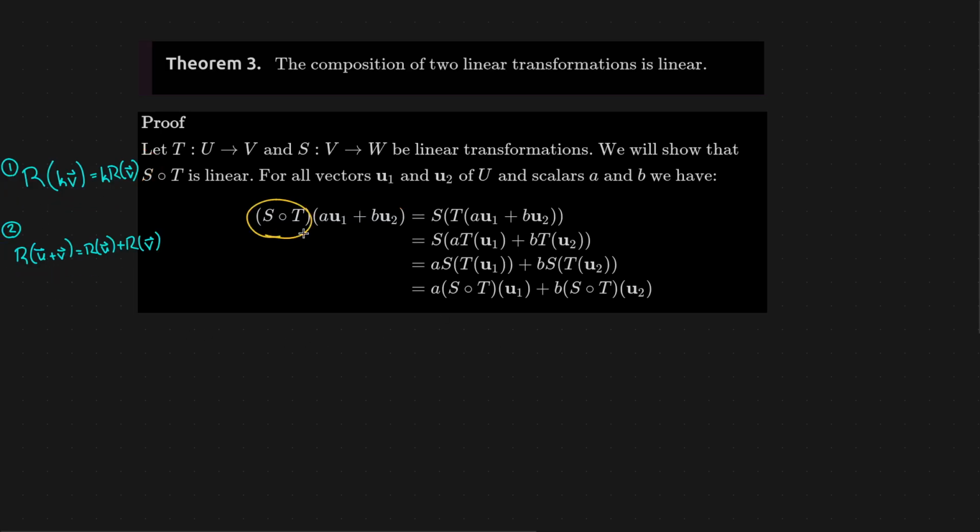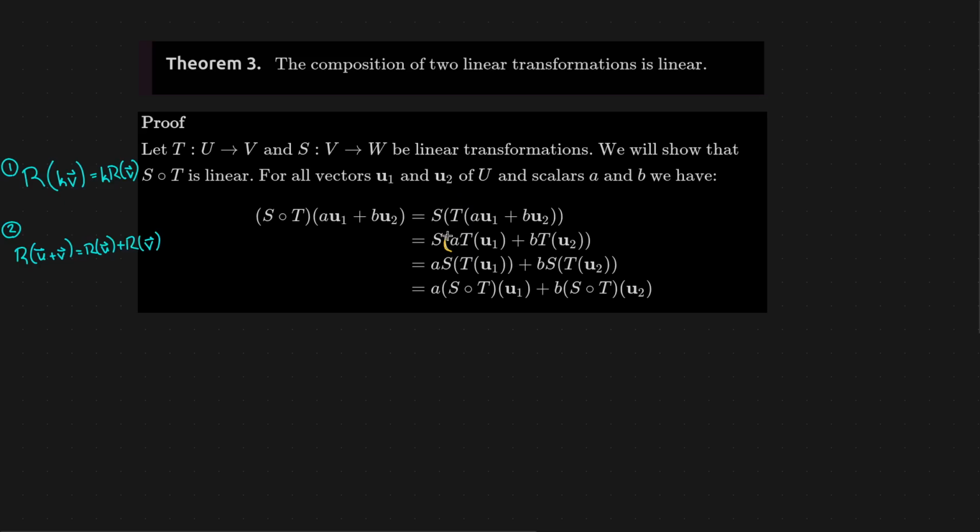So we have the composition applied to a linear combination of two vectors, U1 and U2. Remember, composition just means we apply each function one at a time. First, I take my linear combination and I apply T. Once I'm done with that, I take the output and I apply linear transformation S. But T is a linear transformation, right?